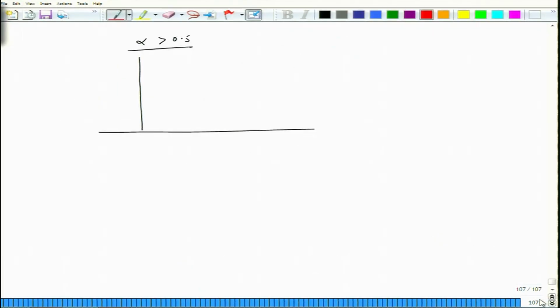Now, we can have alpha greater than 0.5. This is the IHP, OHP, and distance.